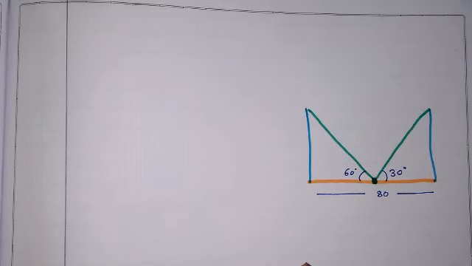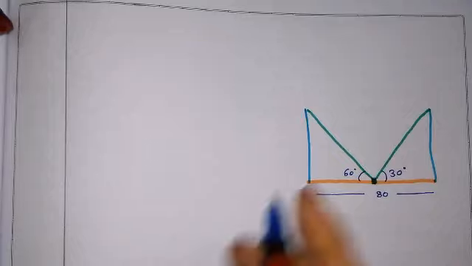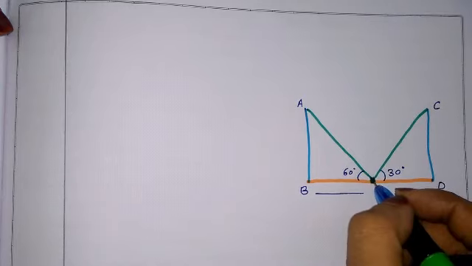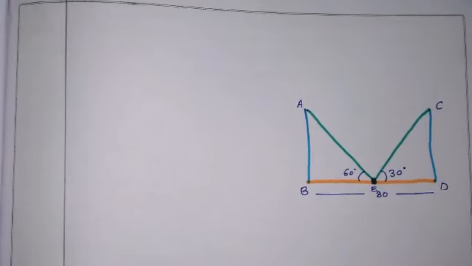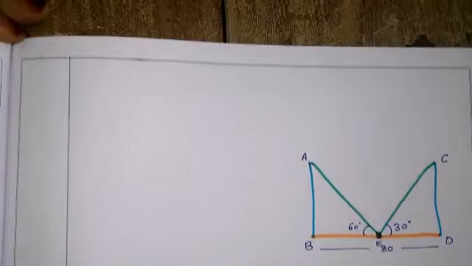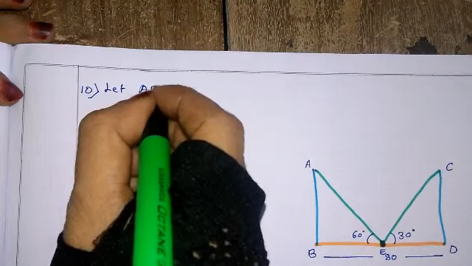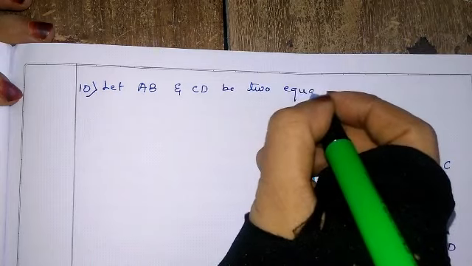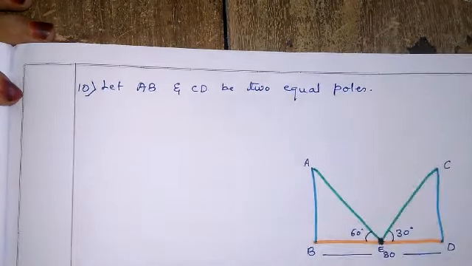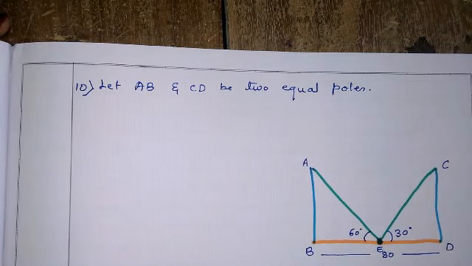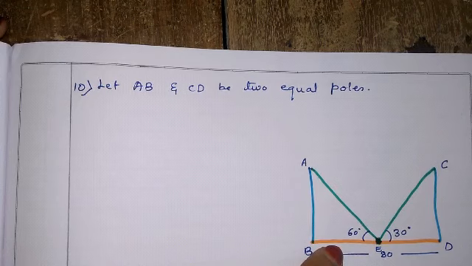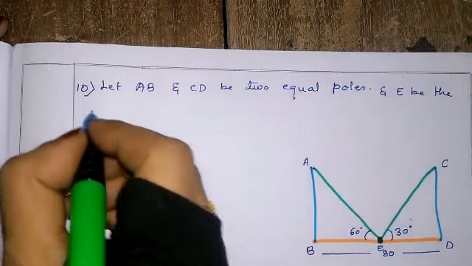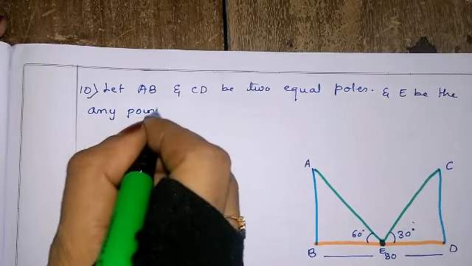Okay, let's start writing. I'll write any names A, B, C, D, and I'll mention this as E. Let AB and CD be two equal poles, and E be any point between the poles.